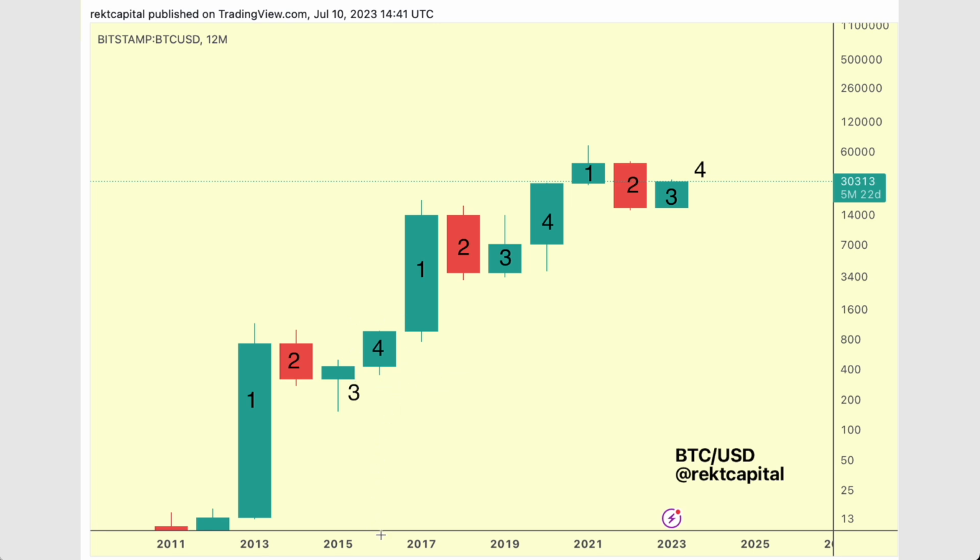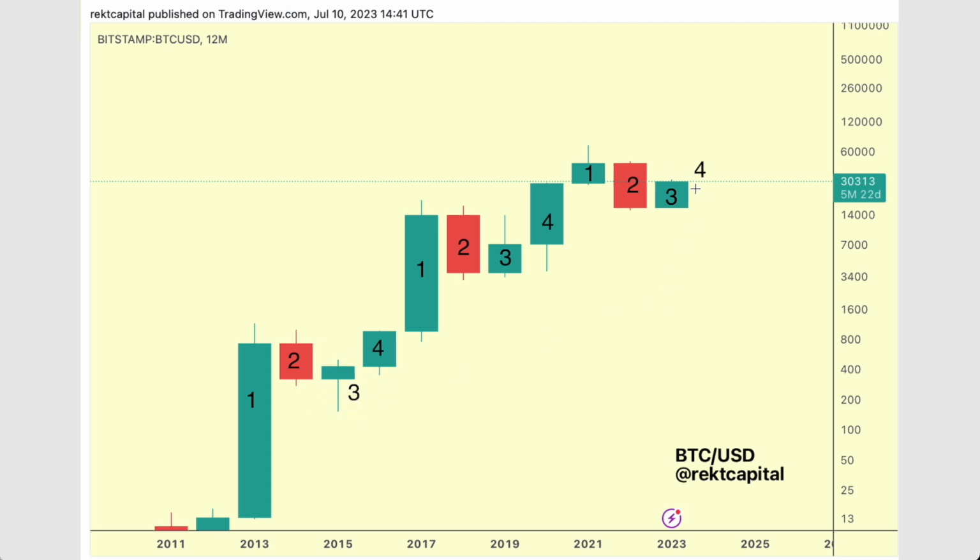And candle number 4 occurs in a halving year. So every 4 years we have a halving event, and that always happens on candle 4. And candle 4 is 2024 in this 4-year cycle. So we'll probably see a candle 3 local top at some point and not rally to new all-time highs as we've seen in the past.